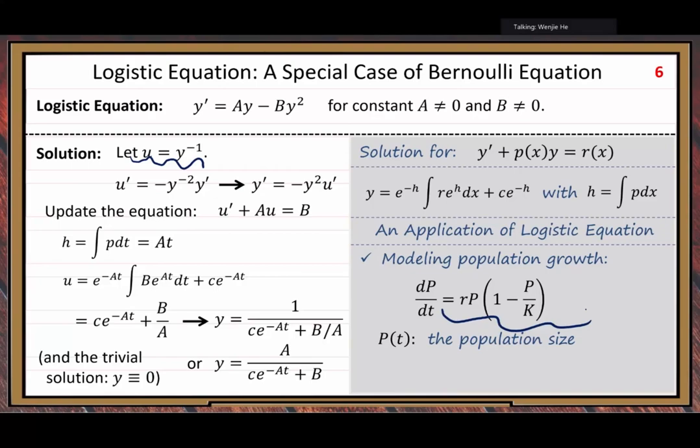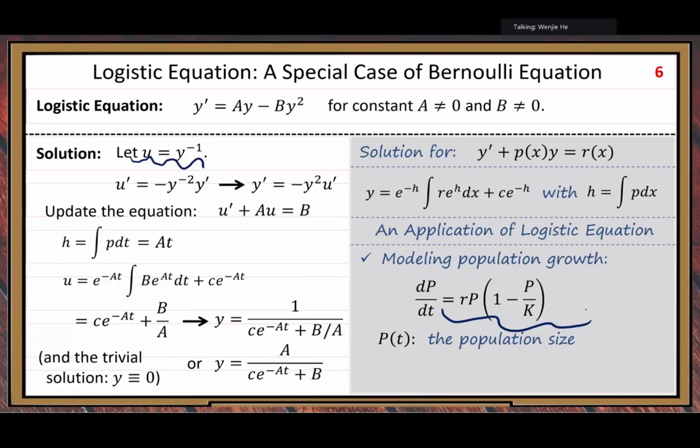But when P is smaller than K, 1 minus P over K is a positive number, so the derivative is positive and the population keeps growing.